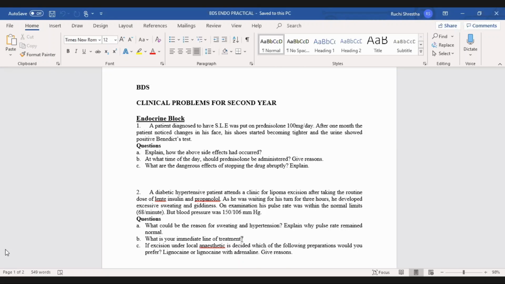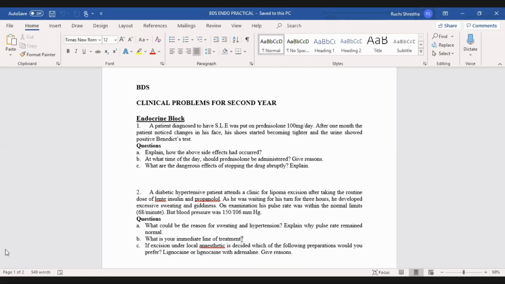So it will now have a longer duration of action. Lignocaine will have the longer duration of action because adrenaline has caused the vessels to constrict. So little amount of blood flows to that vasoconstricted area. So the duration of action of lignocaine will be more.